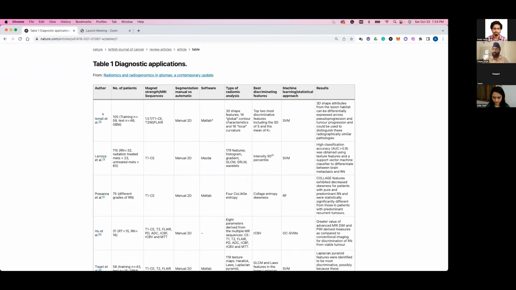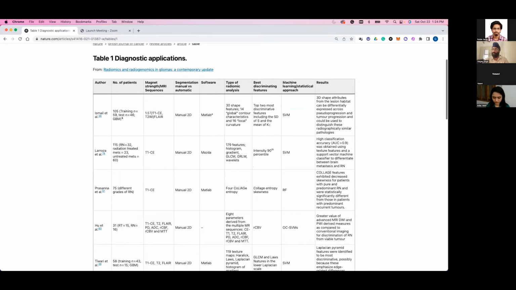Okay, what are the authors in each paper? Each row here is a separate paper by the author. How many patients were there? How many were in the test and training data sets? What were they trying to do? For us, it's important what magnet they were using, the segmentation software, radiomic analysis, discriminating features, whatever statistical approach they used, and the results. So that's very important.